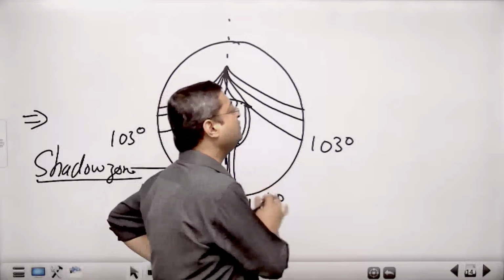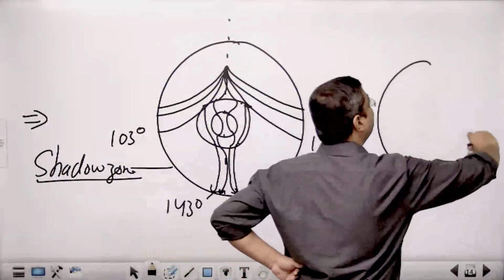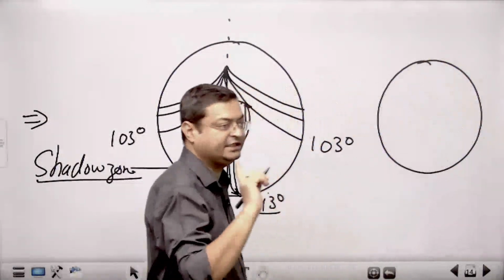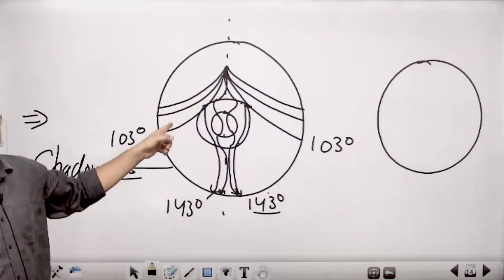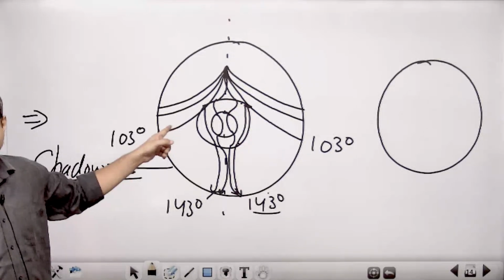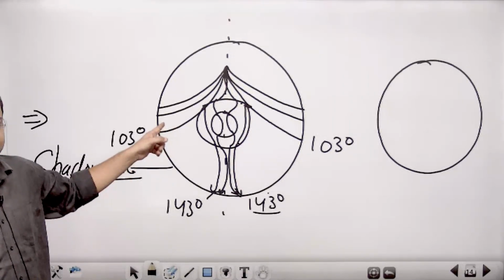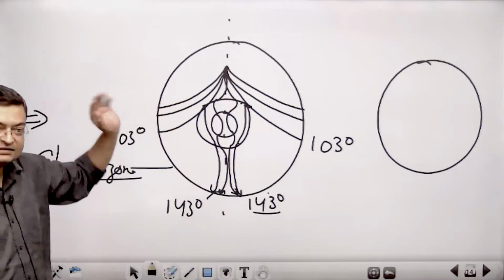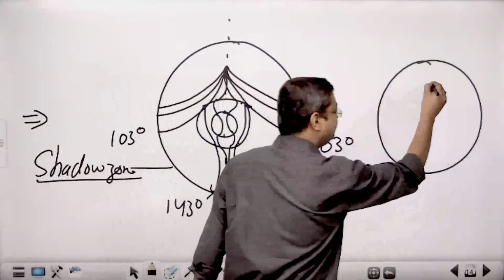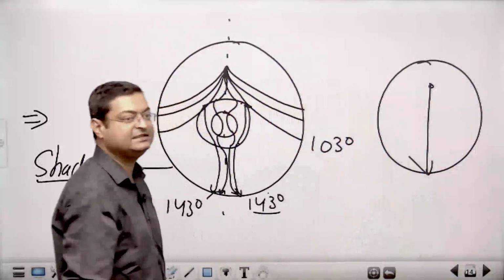If the earth were composed of homogeneous material, would there be curving or bending of the waves? होता या नहीं होता? अगर अर्थ होमोजीनियस मटेरियल का होता तो बेंडिंग होता? नहीं होता. क्या होता? वेव्स सीधा चली जाती.